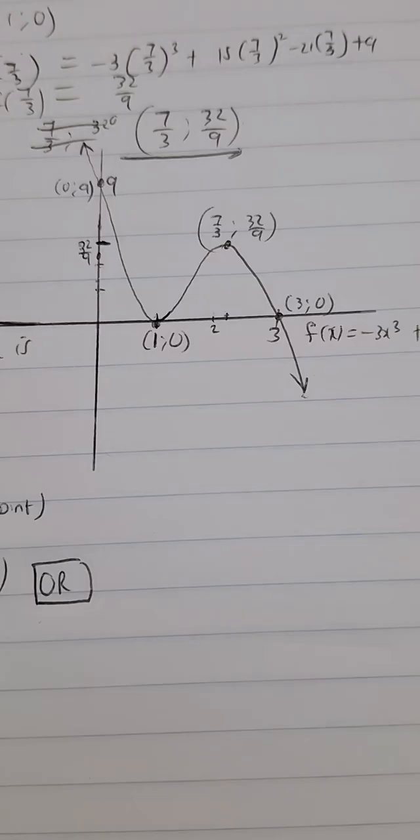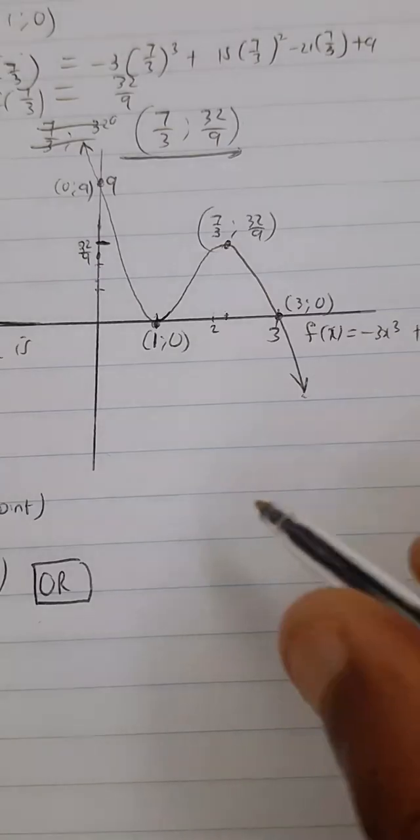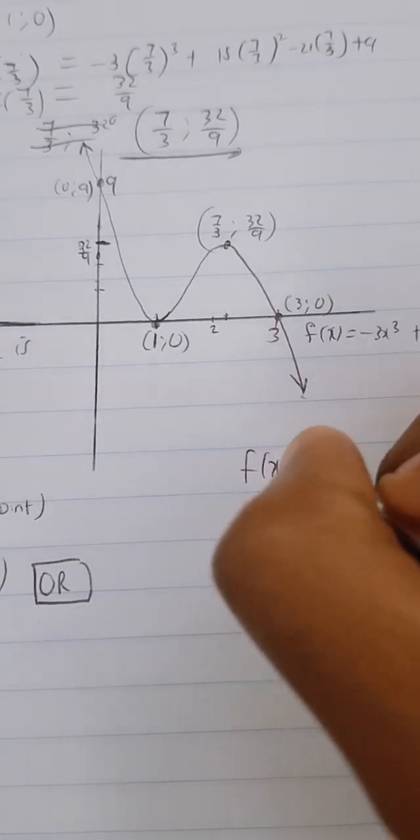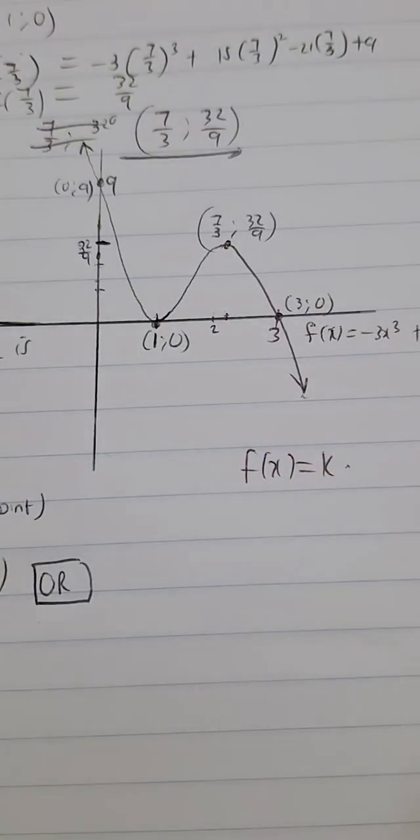Let us just explore this question. This question, guys, is very basic, very nice, very enjoyable, if you ask me. The interpretation is as follows: for which values of k will f of x equal to k?